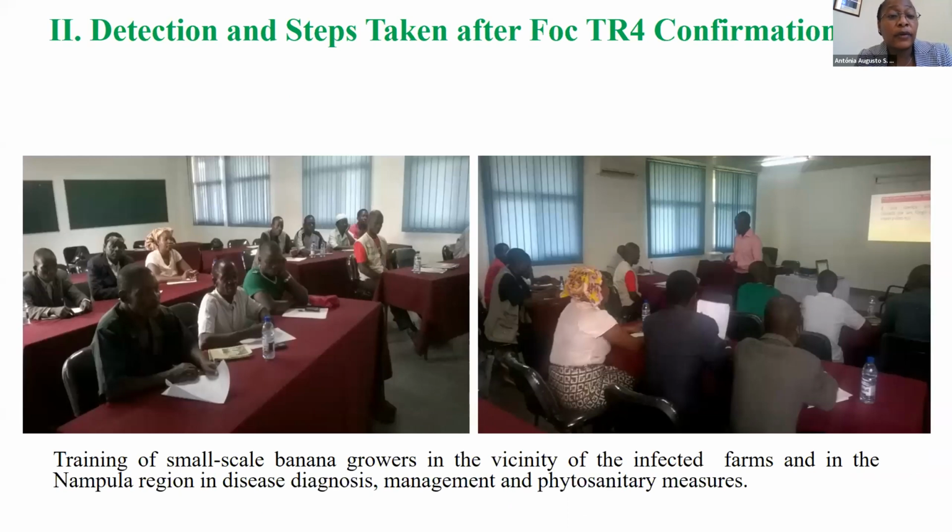Smallholder farms also benefited from the training. Most of them are in the vicinity of the infected farms in Nampula region. They received training on disease diagnostics, management, and phytosanitary measures, and also on the impact of the disease on the farms.